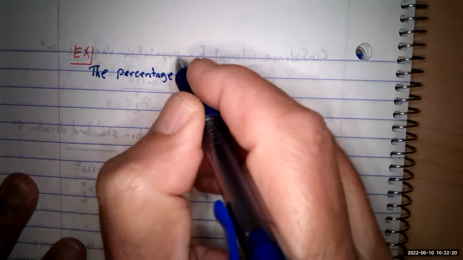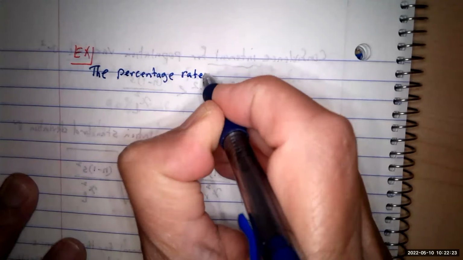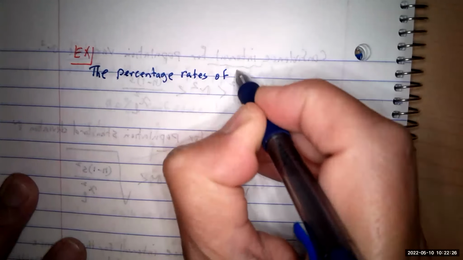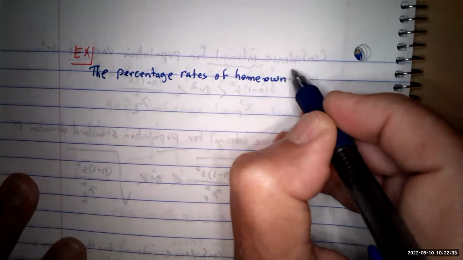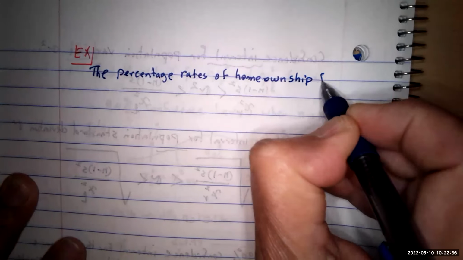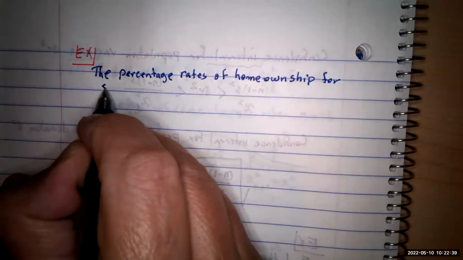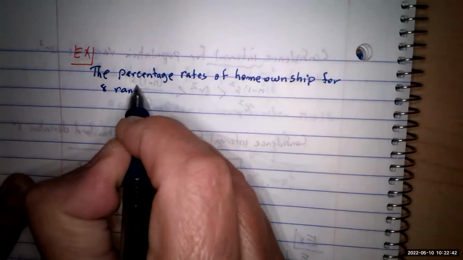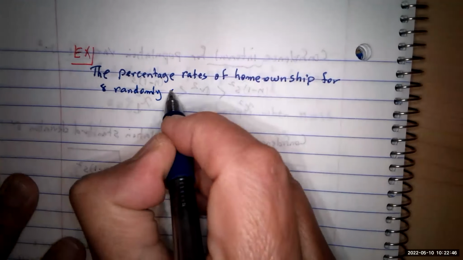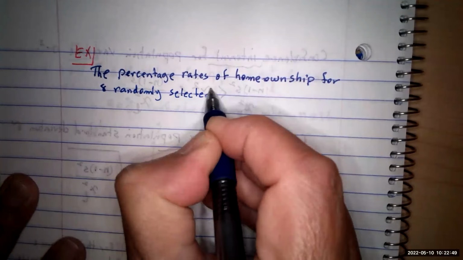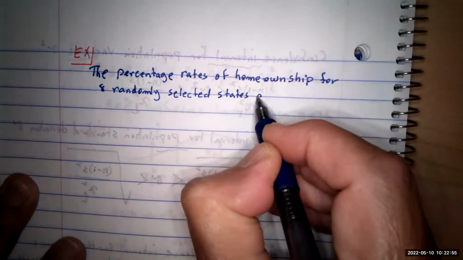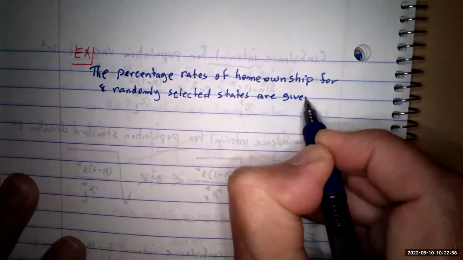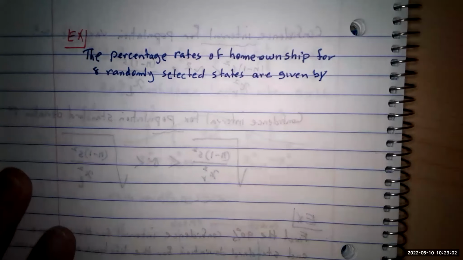The percentage rates of home ownership for 8 randomly selected states are given by, so we have the percentage in those 8.